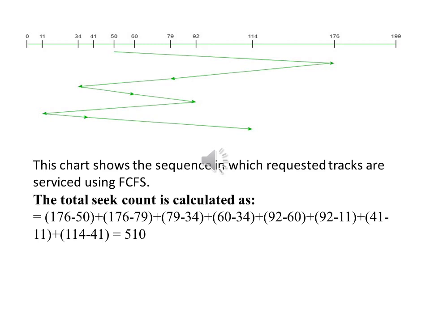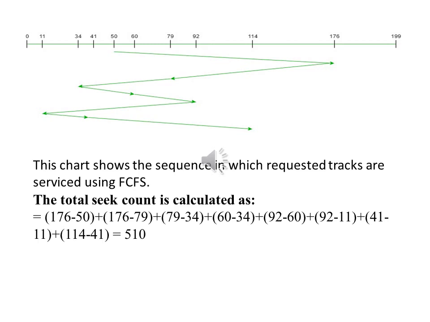For example, to make it clear, we will assume that the head was at the 50th position first of all. The first request came, so we take 176 minus 50, meaning the head will move that many units of distance.